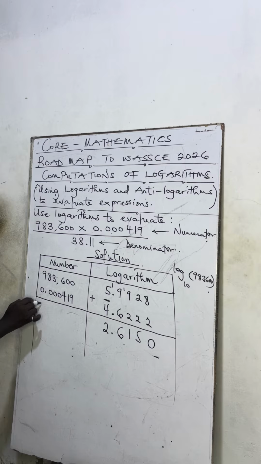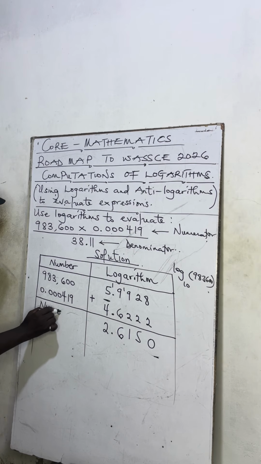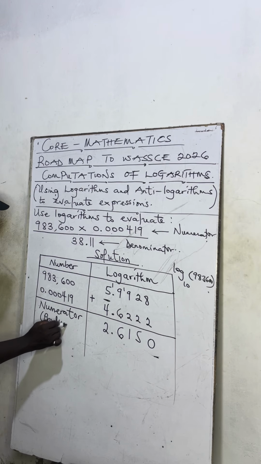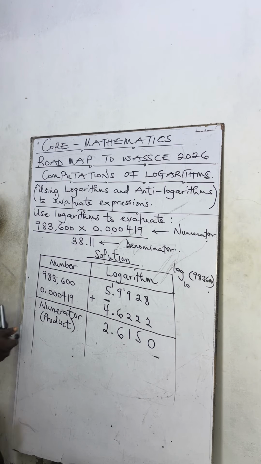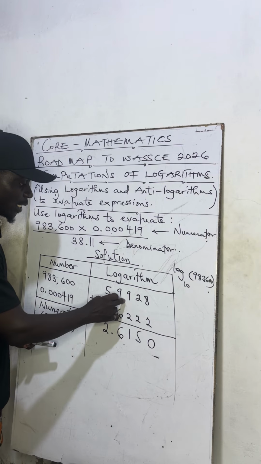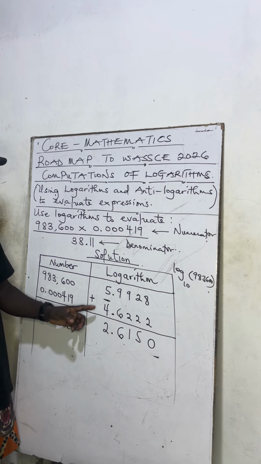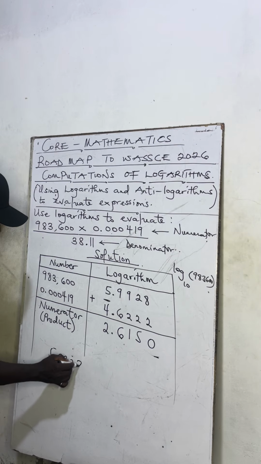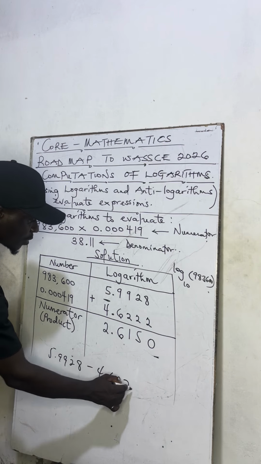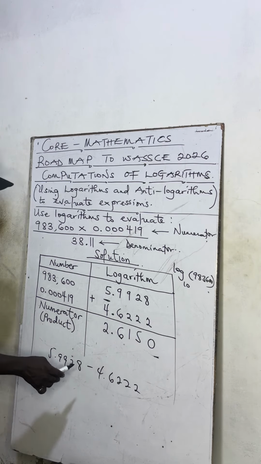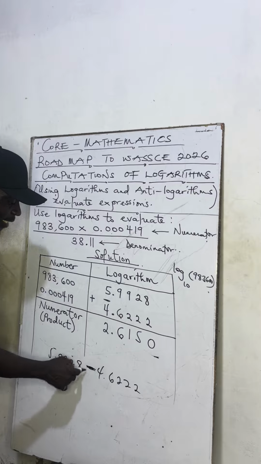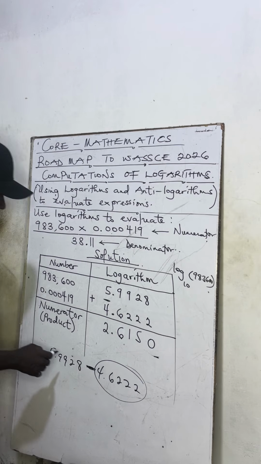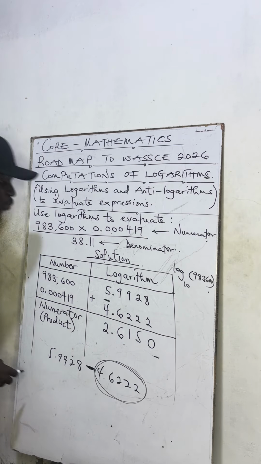Now, the reason behind me not punching it on the calculator is because when you punch 5.9928 minus 4.622 then 2, the calculator will take it as the negative is affecting the whole of the number here.